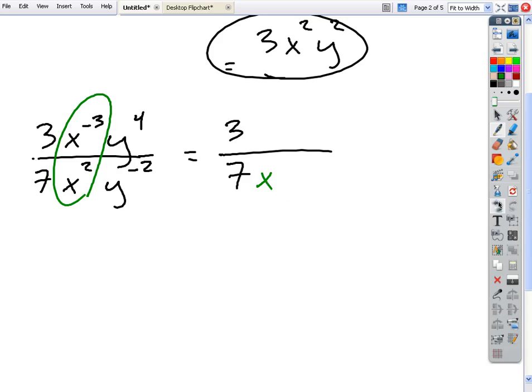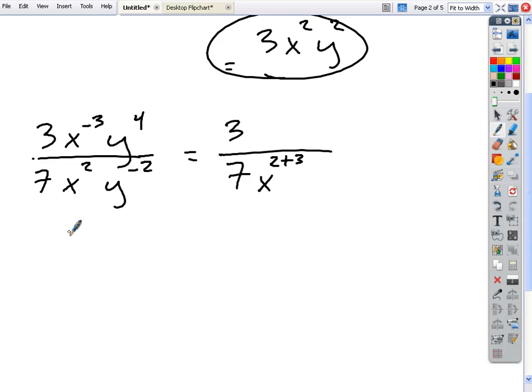And what do I do with the power? Well, I'm going to subtract the weaker exponent from the stronger exponent. They stay where they're the strongest. So we get 2 minus negative 3, right? 2 is bigger than negative 3, so the x's stay on the bottom to the power of 2 minus the weaker exponent, 2 minus negative 3.